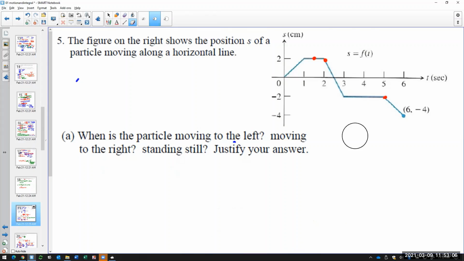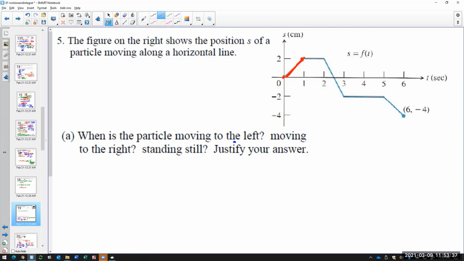Okay, what did they graph here? Did they graph speed or did they graph position? Okay, they graph position. If you know position, can you tell me if your velocity is positive or negative? Because like this, if I move from here to here, from time 0 to 1, do you see my position is increasing, okay? But do you see, I can actually get my velocity here. Do you see velocity, isn't that the derivative of speed?